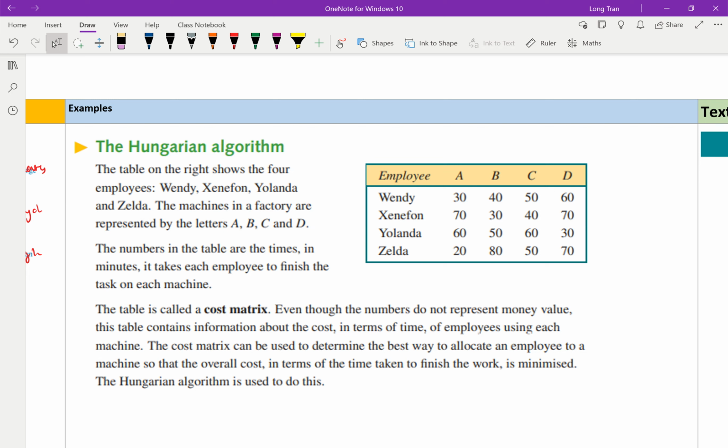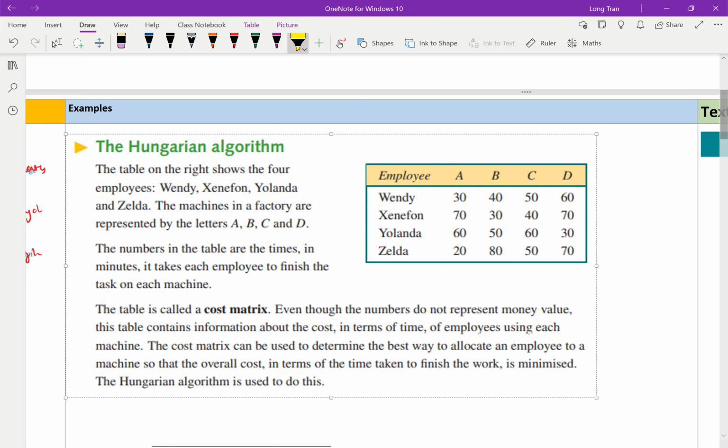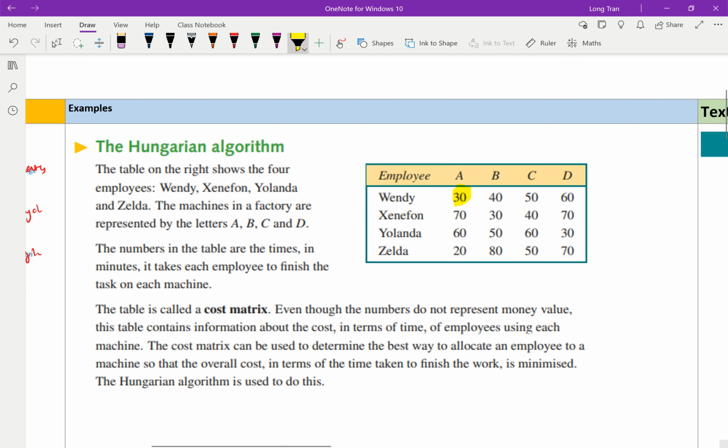So in this example, you've got employees Wendy, Xenophon, Yolanda, and Zelda. You've got machines A, B, C, and D. The numbers there, which are your weights, dictate the number of seconds they spend on the machine. Wendy clearly likes machine A, because she does really efficiently on it.